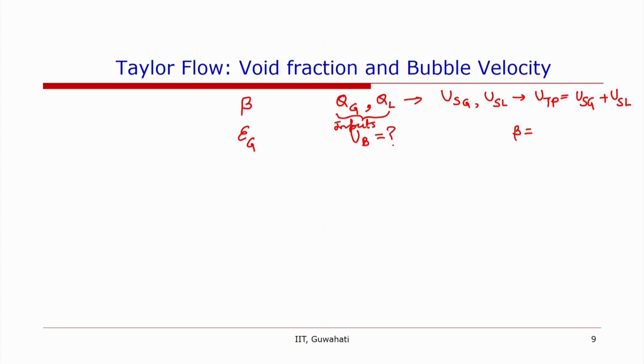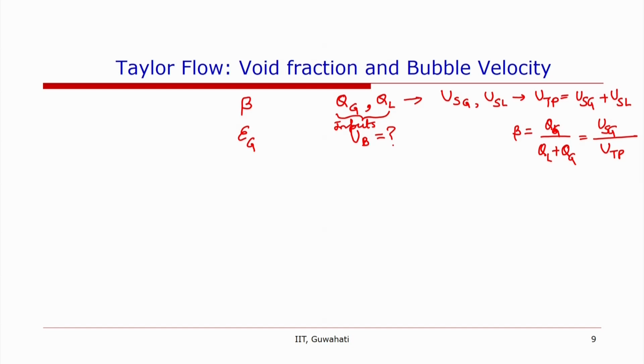So beta is equal to Qg over QL plus Qg, and this is u superficial velocity of gas over UTP.